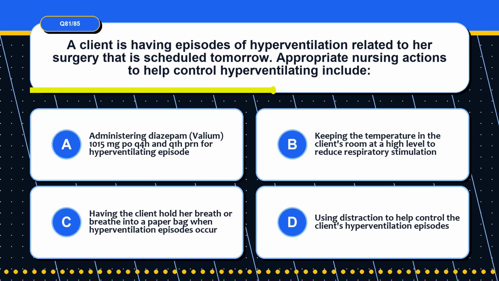Option B. Keeping the temperature in the client's room at a high level to reduce respiratory stimulation. Option C. Having the client hold her breath or breathe into a paper bag when hyperventilation episodes occur. Option D. Using distraction to help control the client's hyperventilation episodes.